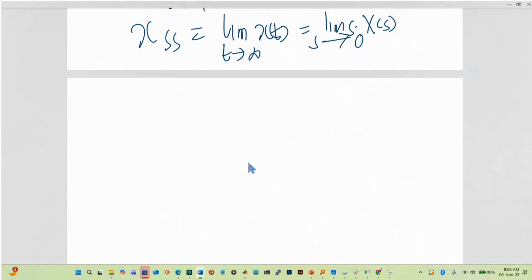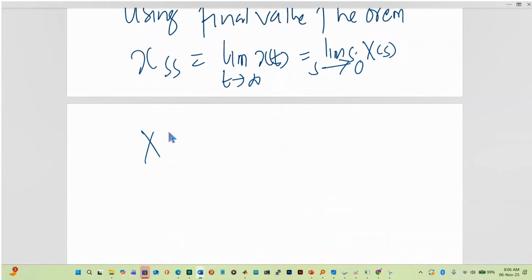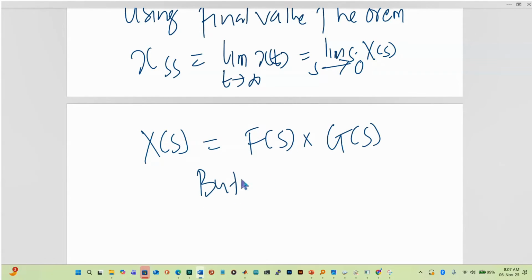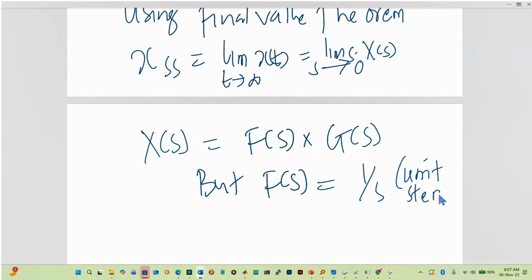Remember we said X(s) is equal to F(s) times G(s). But we are saying F(s) is 1 over s. The Laplace transform of the unit step input is what? It is 1 over s.